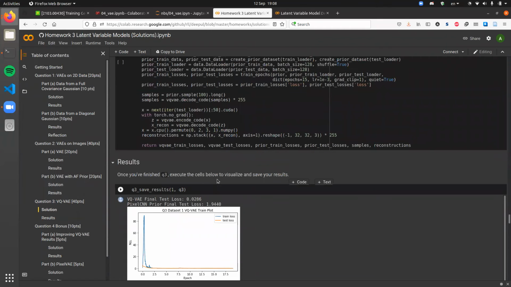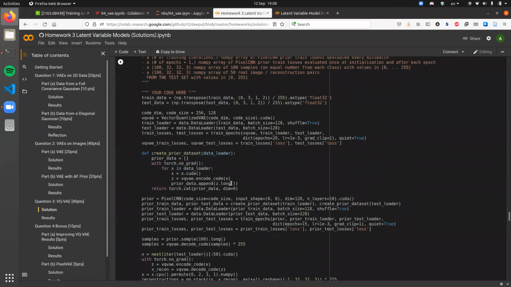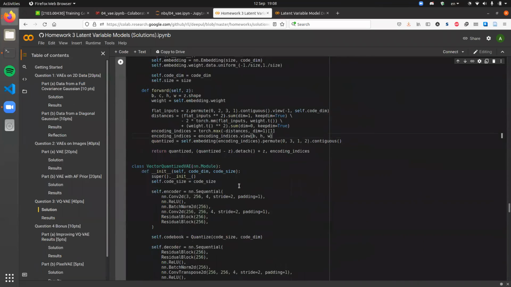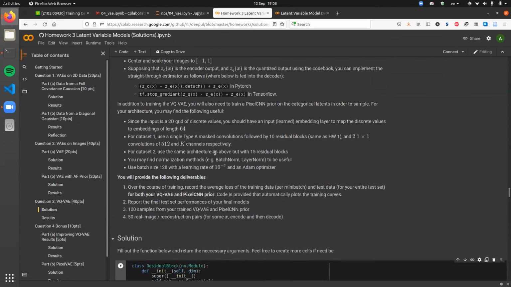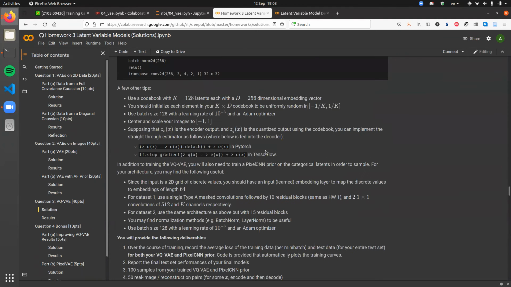So here they use a code book of, I believe, let me double check it. The size of a code book. Oh, okay, 128. I think I also used 128 probably, or maybe 64. And you can decrease this D here with not much trouble.